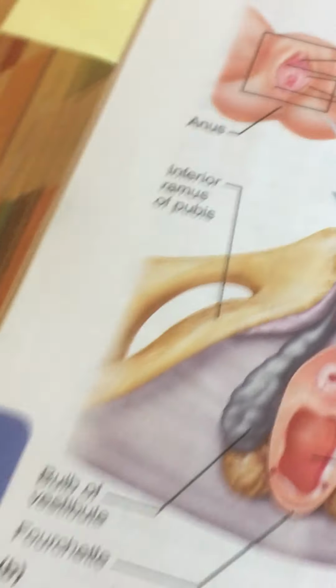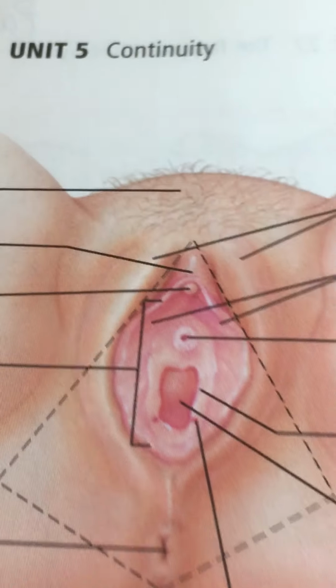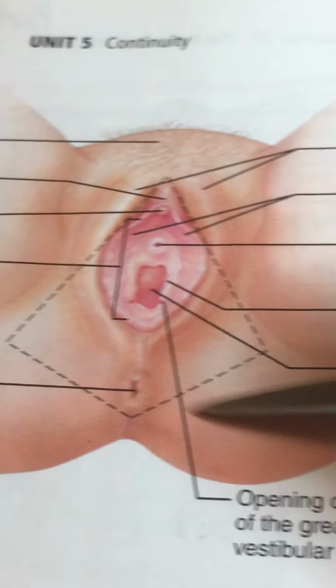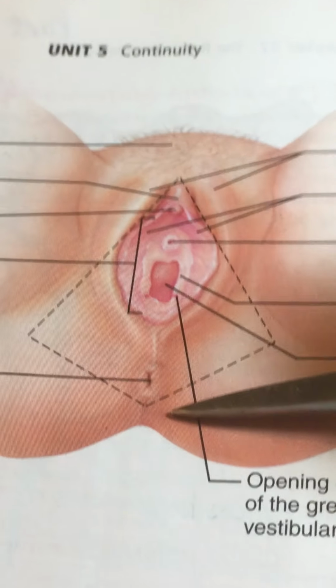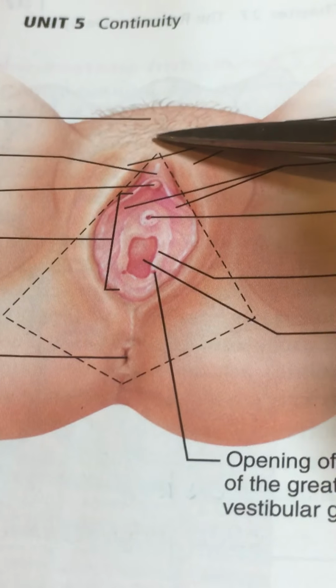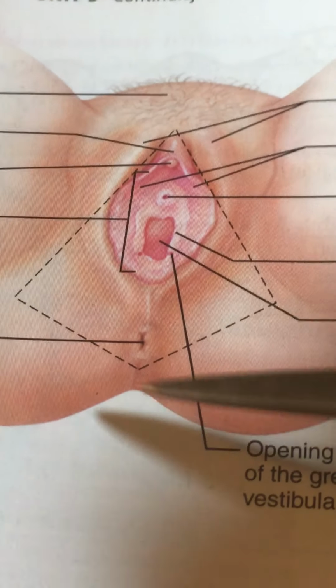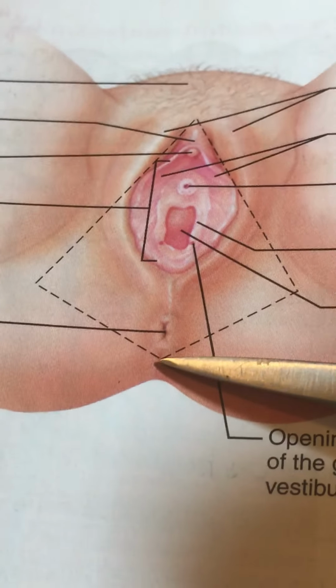So here are some of the structures of the perineum, which is defined by this polygon, as it were, right there. This is the bony structure here of the pubic symphysis. Back in this direction, we have the tailbone.